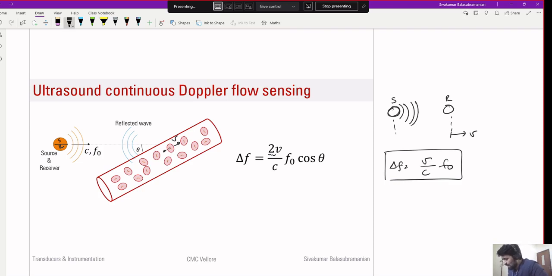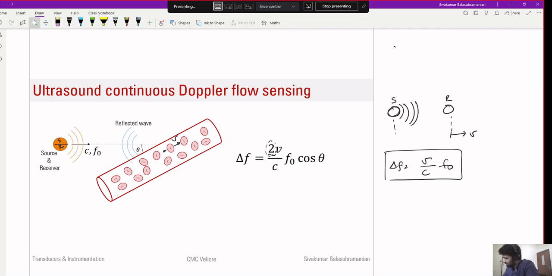But then your RBC is reflecting that wave back, so it's acting as a temporary source, and the source is moving with the same velocity. So whatever is reflected back will undergo another frequency shift because now the source is moving. That is what contributes to this factor of 2. What you are sending and receiving is being reflected by an object that is now moving away.